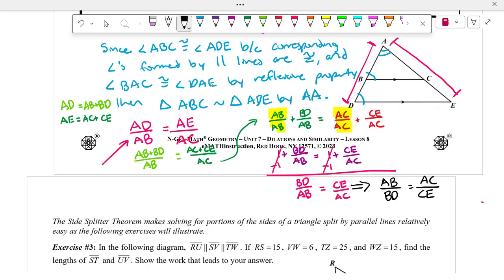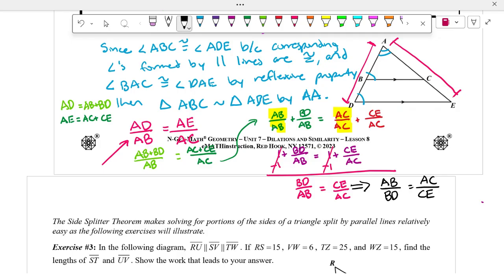So I broke it apart into two fractions, AB over AB plus BD over AB. Did the same thing on the other side, equal to AC over AC plus CE over AC. Now, if you notice, these two are the same thing divided by itself. Anything divided by itself is 1. All right? So I have 1 plus BD over AB is equal to 1 plus CE over AC.